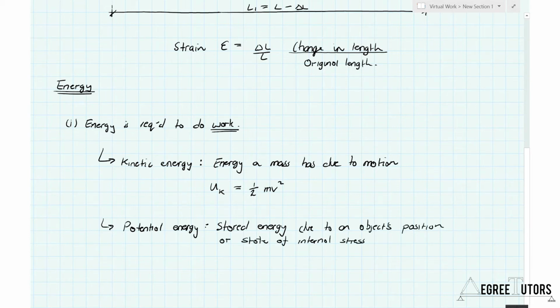So we've talked about energy. It's required to do this thing called work, which we haven't talked much about yet. But energy itself is broken down into kinetic energy, which is energy an object has due to its motion, or potential energy, which is energy that an object has due to its position or its state of internal stress.